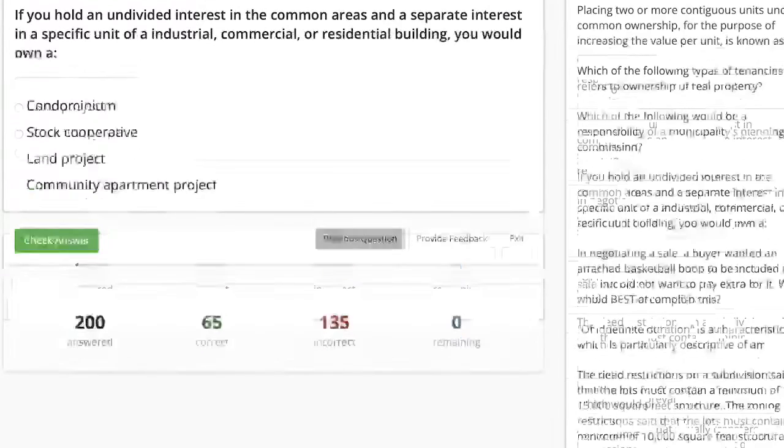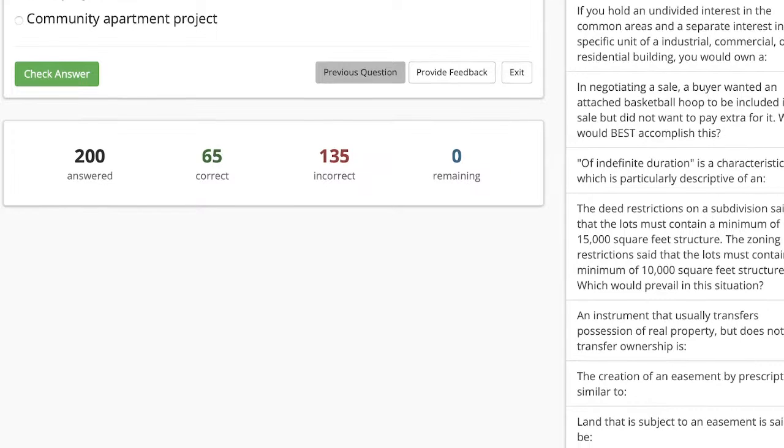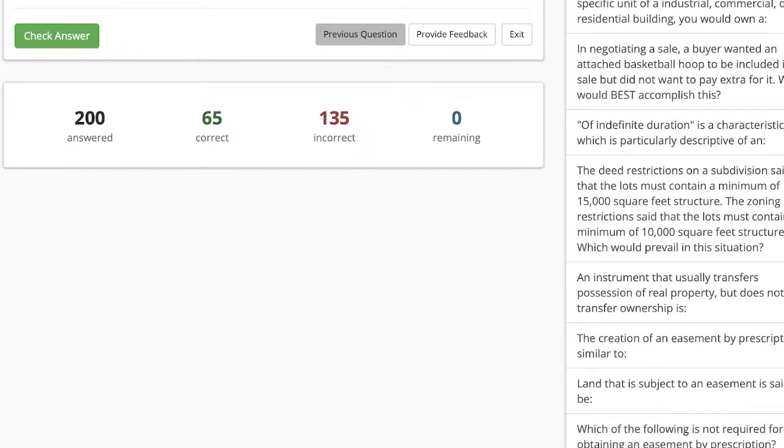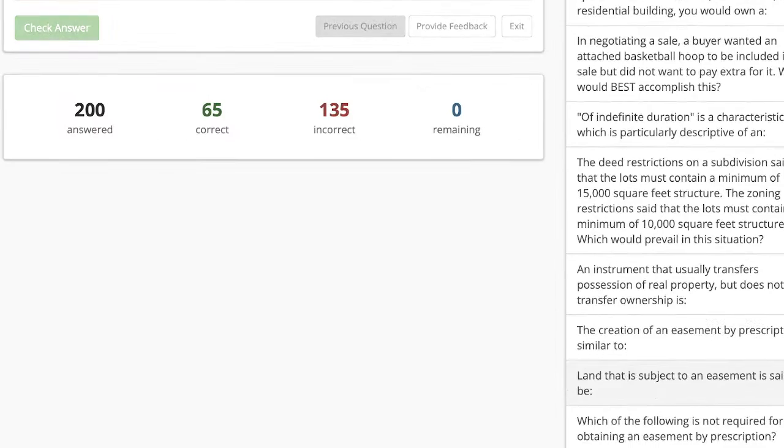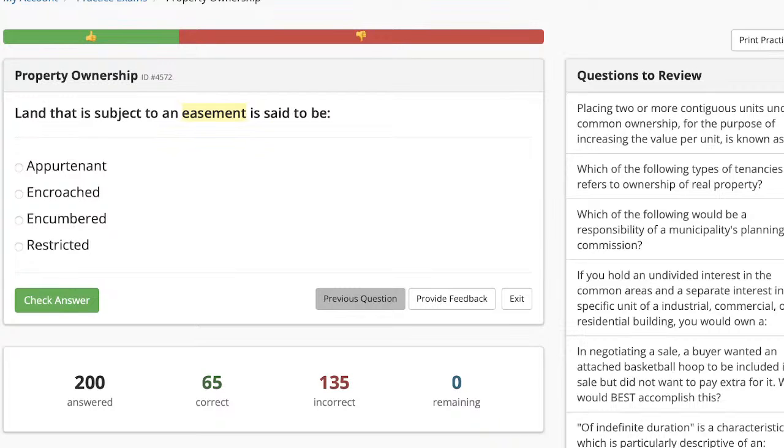So an easement is an encumbrance. Can you guys hear me? Give me a thumbs up if you can hear me. An easement is an encumbrance, the right to cross somebody's property to get to your own.